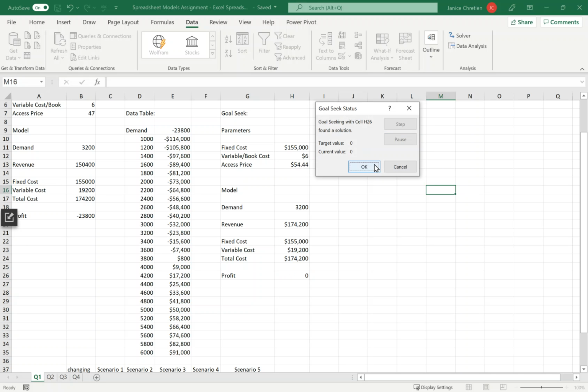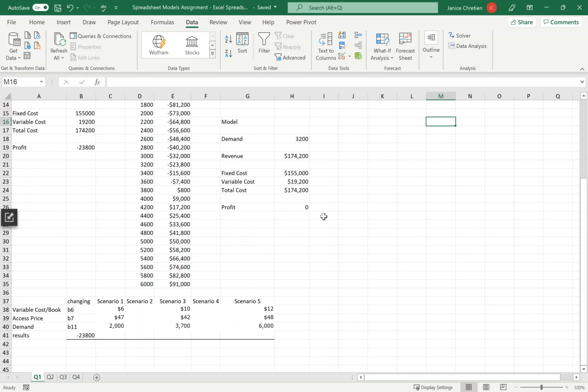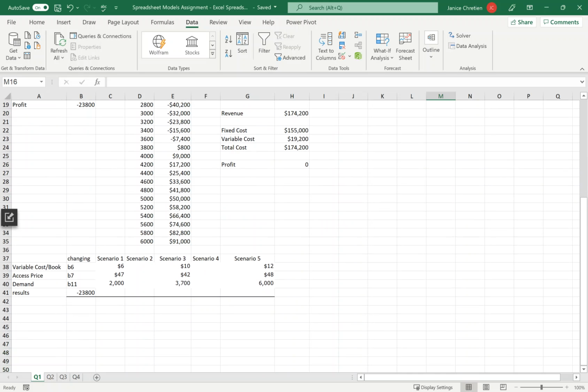Run through my iterations, and there it is. I apologize that I was going over here when I should have been in this table. So that was the profit. So now you see it put that profit at 0. So my access price is $54.44.